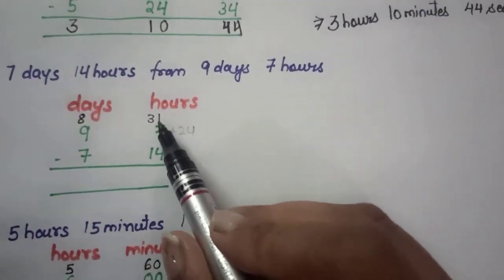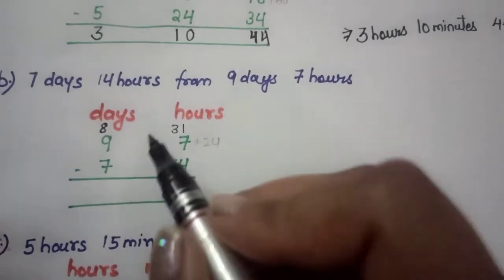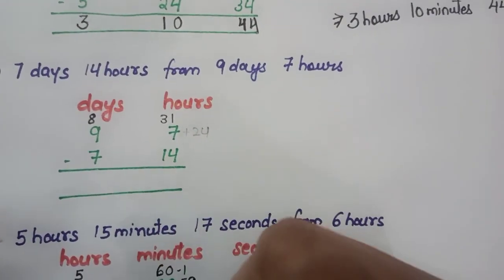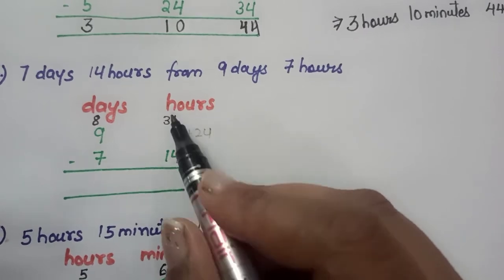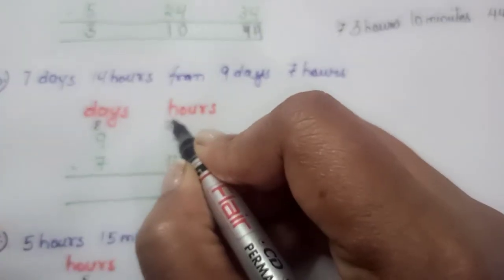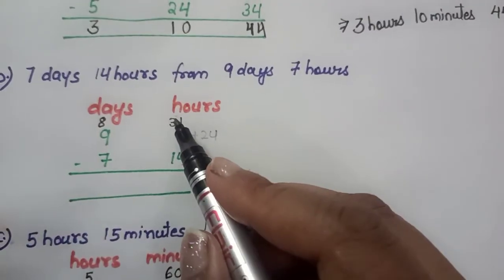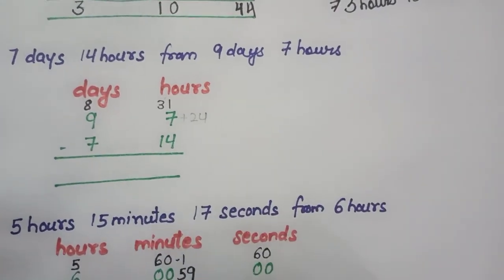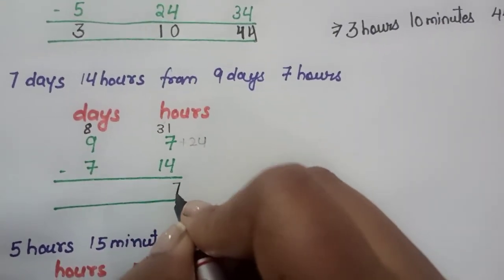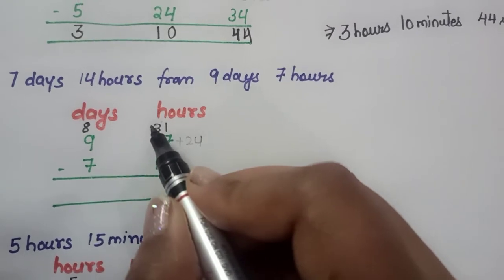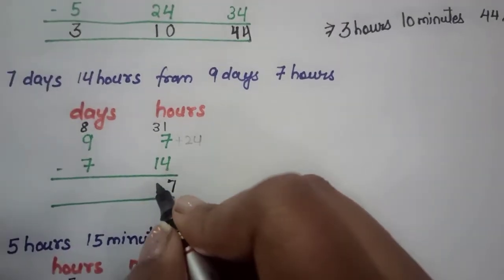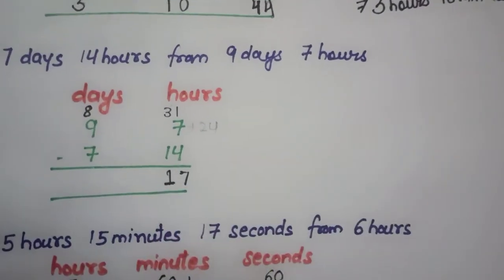So let us subtract it now. I have to subtract 14 from 31. 31 minus 14 gives 17. Then 1 subtracted from 2 will give me 1.